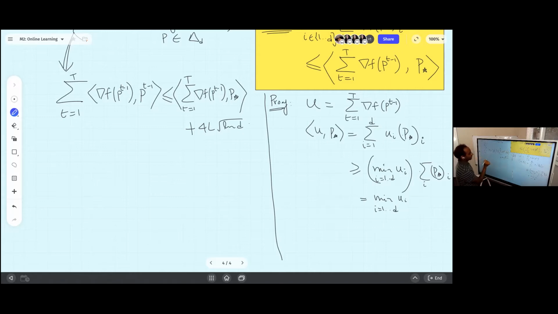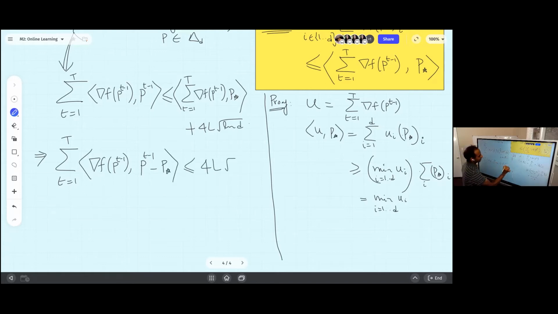So this implies that I'm going to move this inner product from the right to the left side. So I get the sum of the inner products of the gradient with p_{t-1} minus p star is less than or equal to 4L times square root of T ln d. Sorry, there should have been a T here.